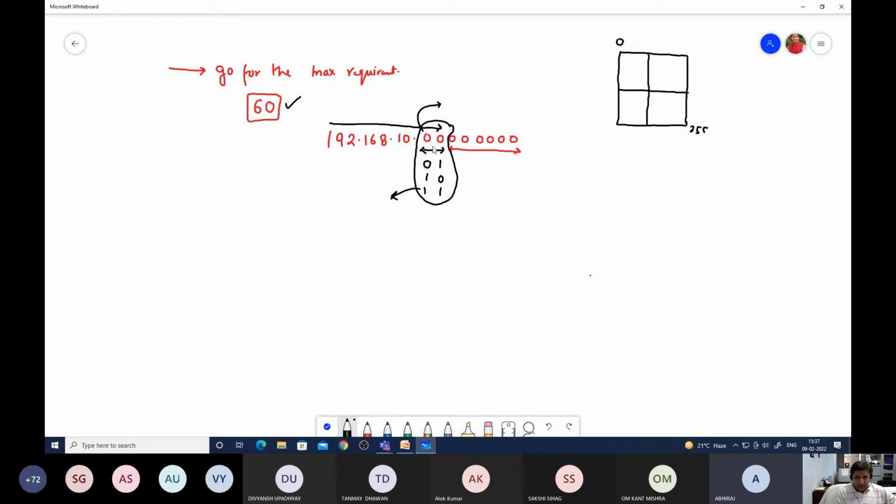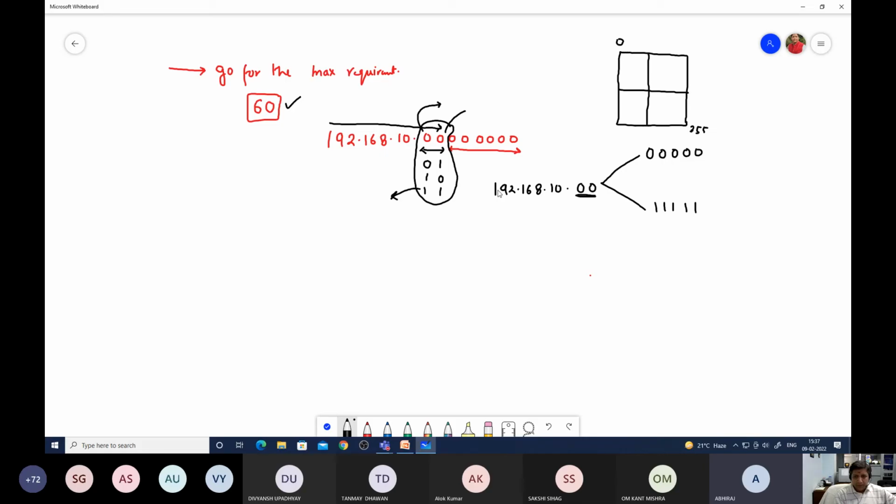So suppose we take the first combination 00, so our 192.168.10.00 is in the network part, which is extended, and now the other 5 bits can move from all 0 to all 1.